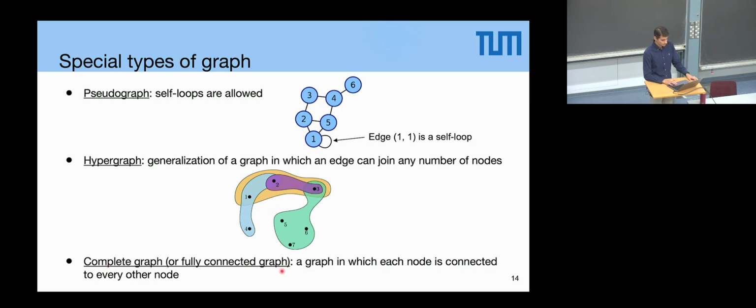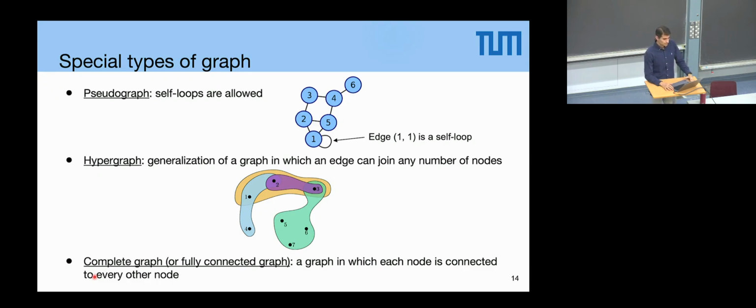And an important definition that I will be referring to often is complete graph, or fully connected graph. If we have a graph where each node is connected to every other node, we say that's a complete graph, and the number of edges that we have is equal to the number of nodes squared, if we are allowing for self-loops.